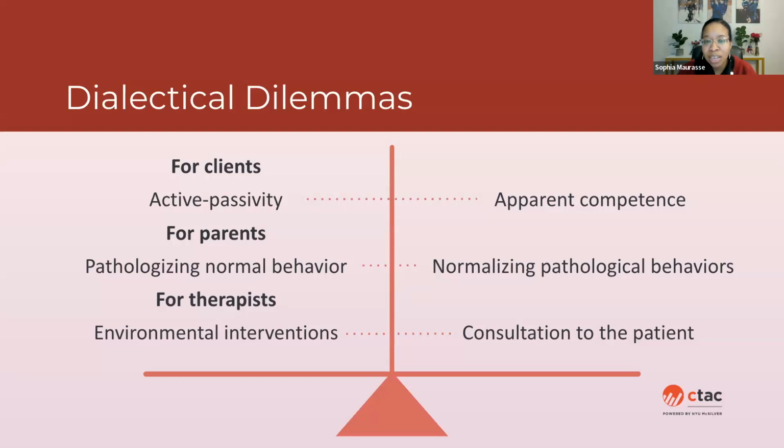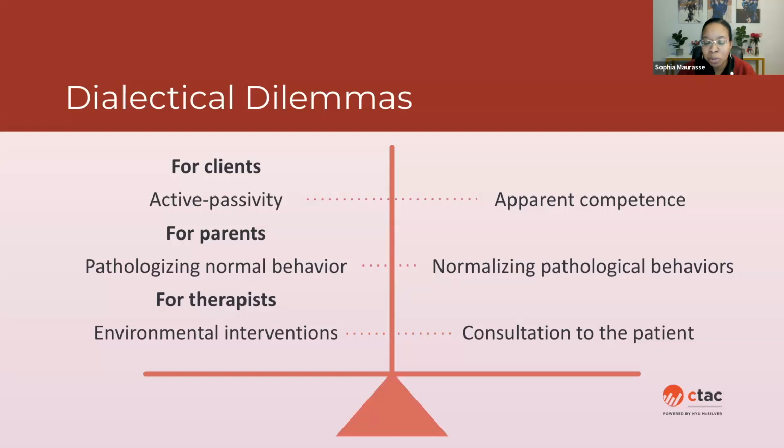But exclusively approaching things from that pole actually doesn't give the patient opportunity to be more engaged and much more empowered in their treatment when we consult to the patient, where we're having the patient make decisions that are much more empowering and making sure that these decisions make sense for them.